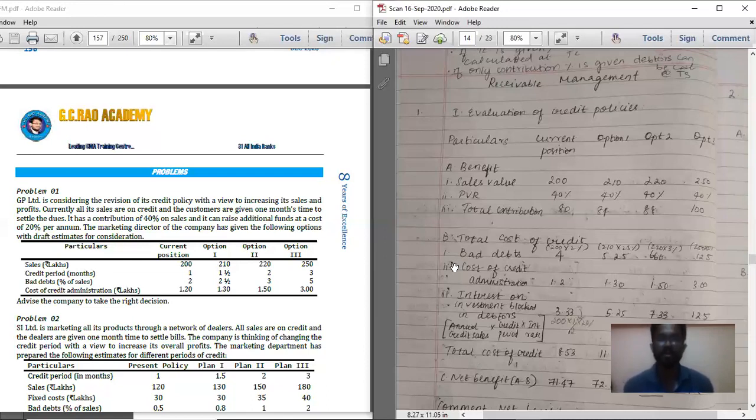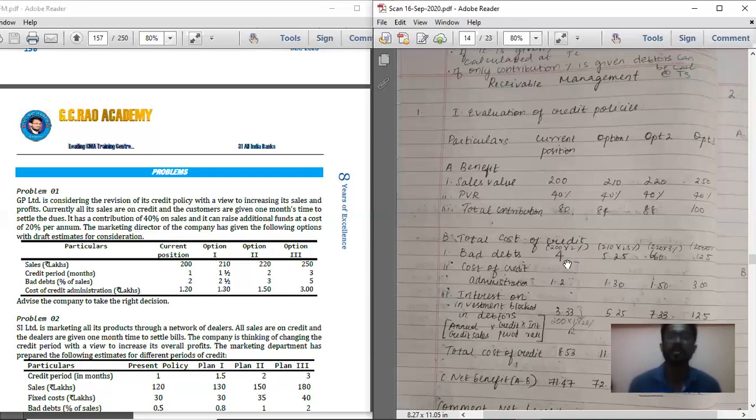Below the total cost of credit, small Roman number 1, bad debts. In the question, bad debts they have given as a percentage of sales. Current position 2%, so 200 into 2%. In brackets, 200 into 2%, put 4.